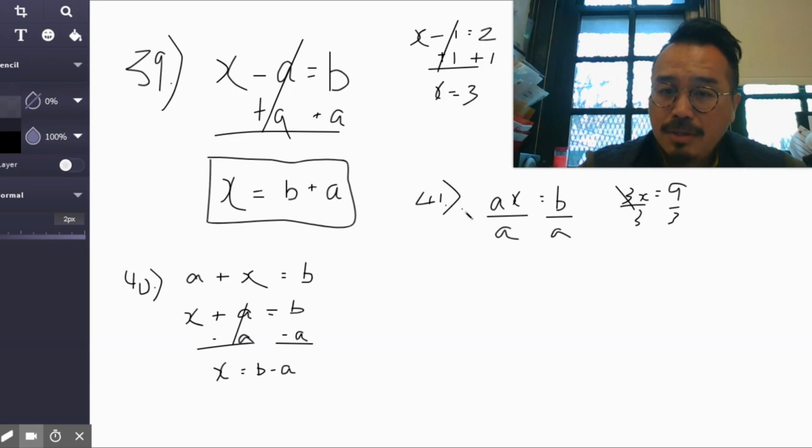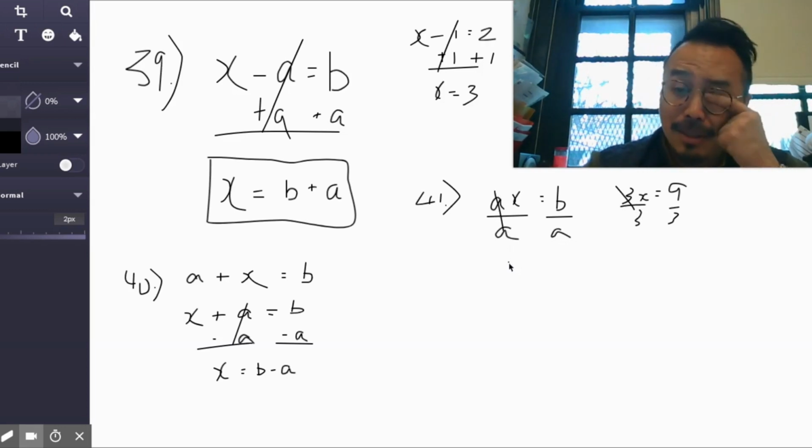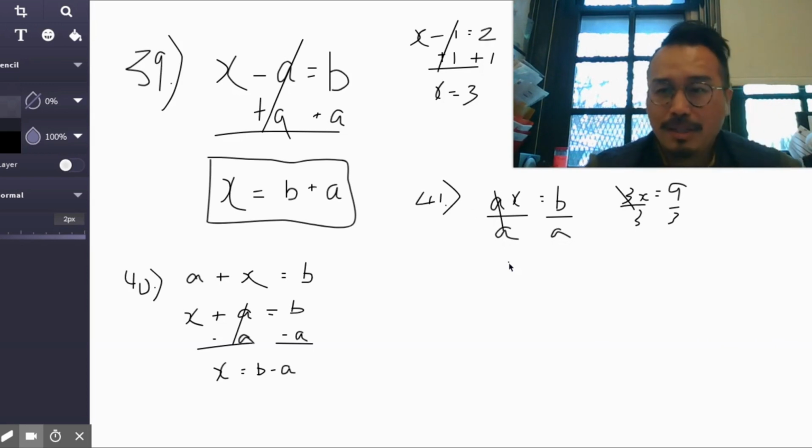If these were to cancel out, then so would these. a over a is 1. It doesn't matter, you don't even know what kind of number that is. Anything over itself is 1. And then x is, look at this, just as it's 9 over 3, and 9 over 3 is 3. So here the answer is 3, but b over a is just b over a, because we don't know what the numbers are.